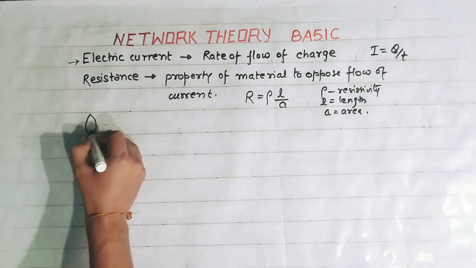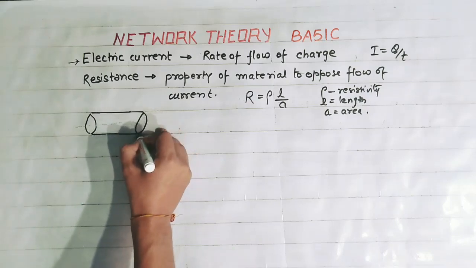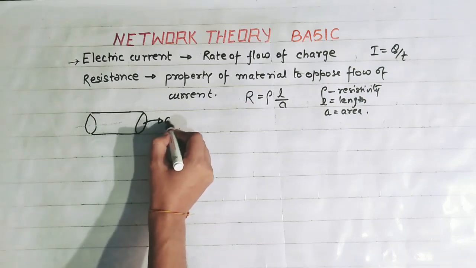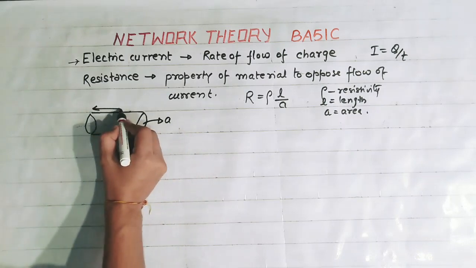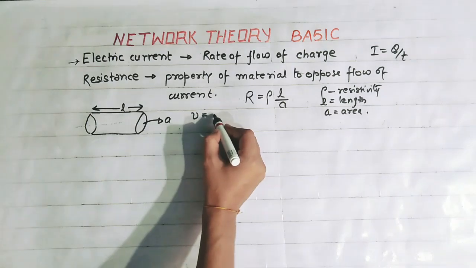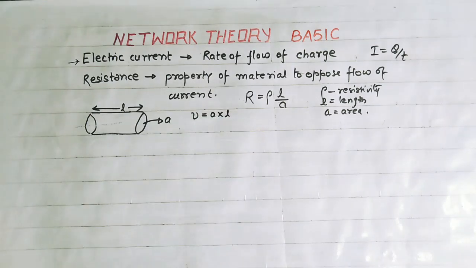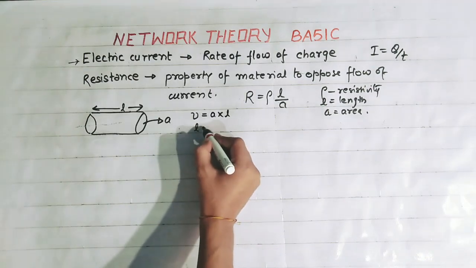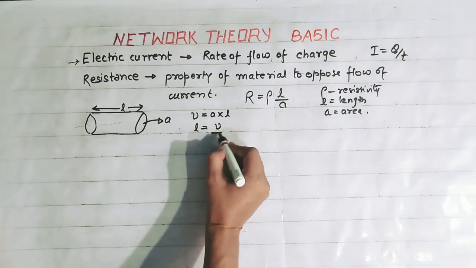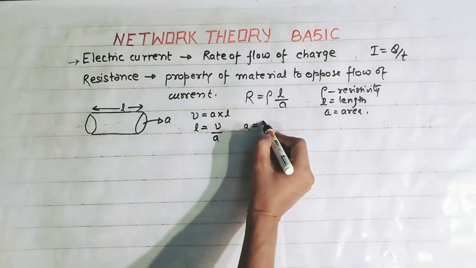Suppose this is a conductor and this conductor has area A and length L. Now we can write the volume of this conductor material as area into length. So length is equal to volume by area, and area is equal to volume by length.